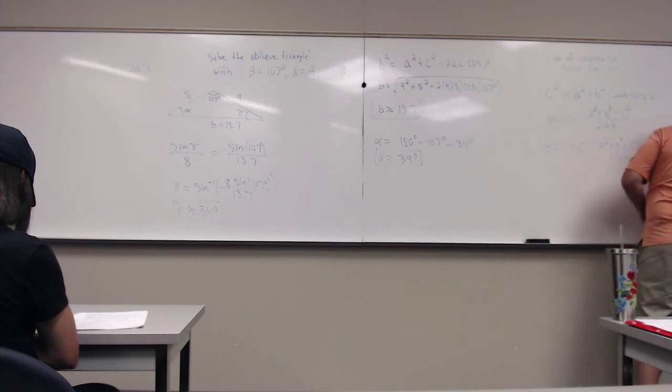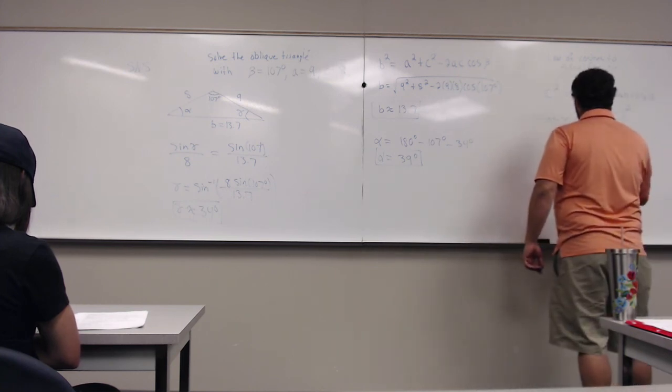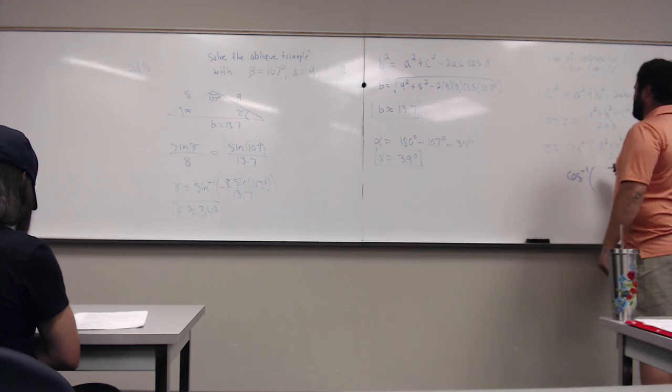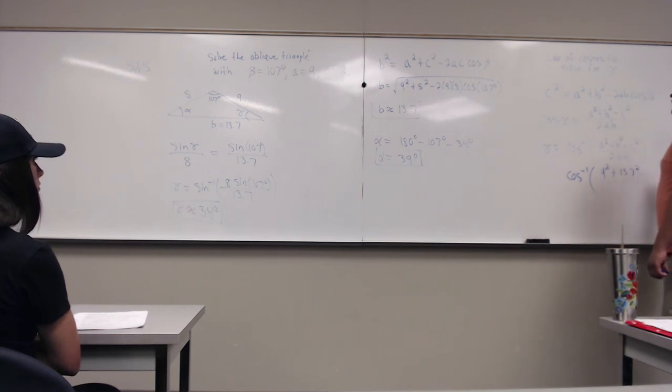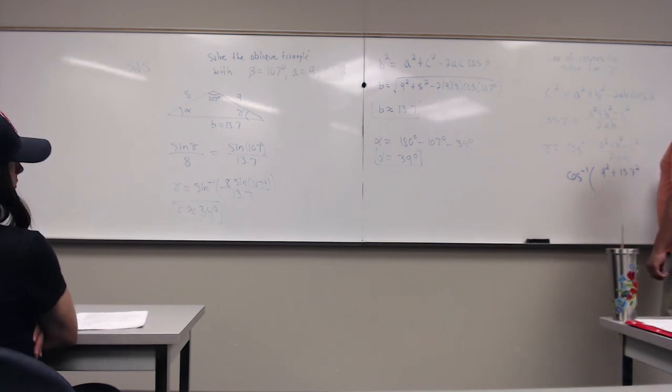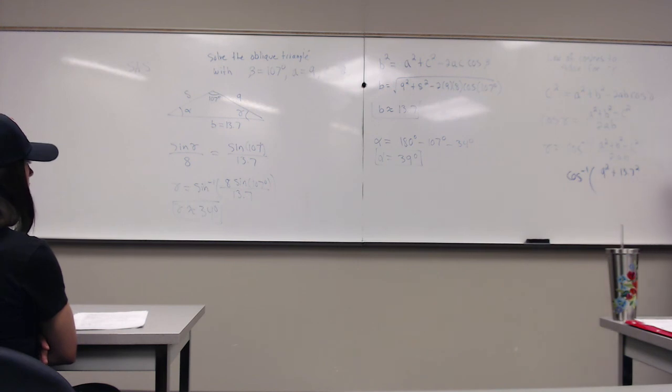And the a squared is going to be 9 squared plus 13.7 squared. Oh, sorry, we're solving for gamma and we have c. Yes, a squared is 9 squared, b squared is 13.7 squared.